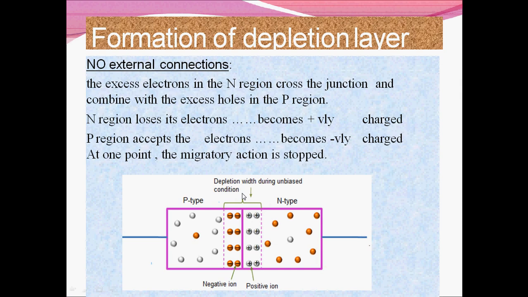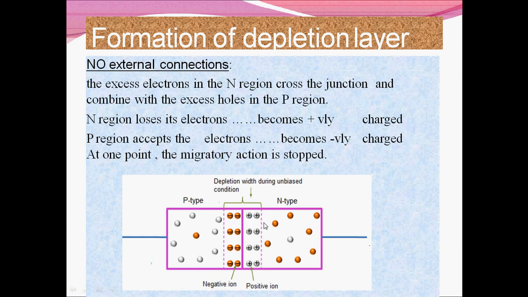Formation of depletion layer. When there are no external connections, the excess electrons in the N region cross the junction and combine with the holes in the P region. The N region loses its electrons and becomes positively charged, whereas the P region accepts the electrons from the N region and becomes negatively charged.